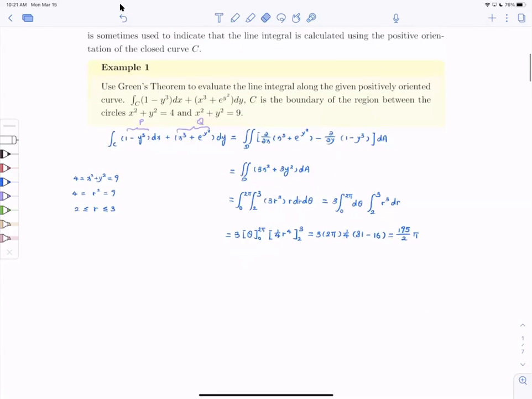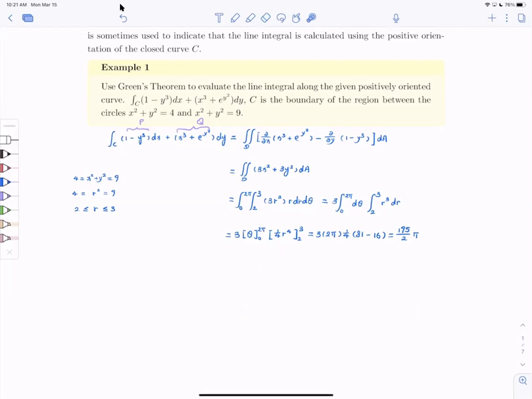And now you can convert this to r and theta. Theta is from 0 to 2 pi, and for r you need to calculate it.